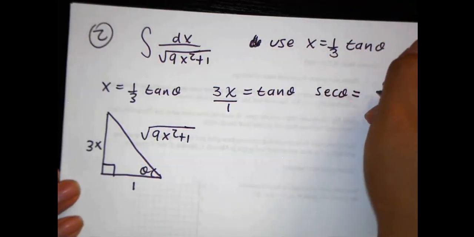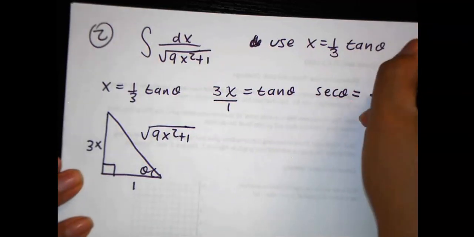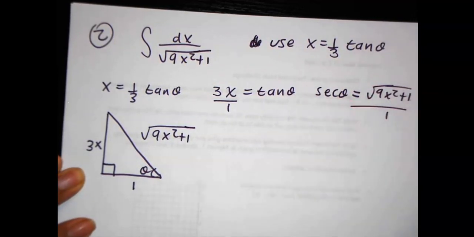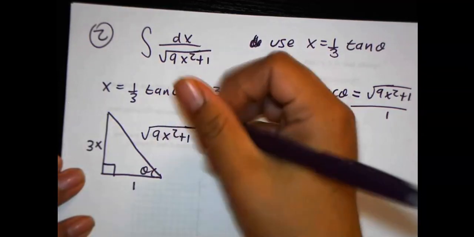Secant will be hypotenuse over adjacent. So it would be the square root of 9x squared plus 1 over 1. We need that right now. So let's do our substitution. Oh, actually not yet.